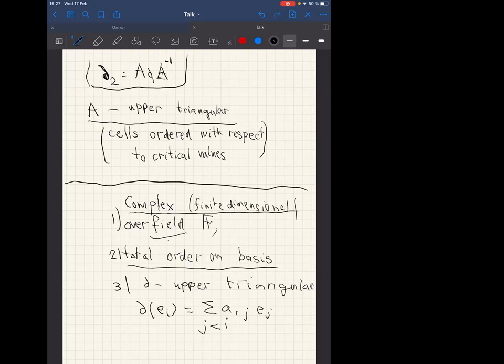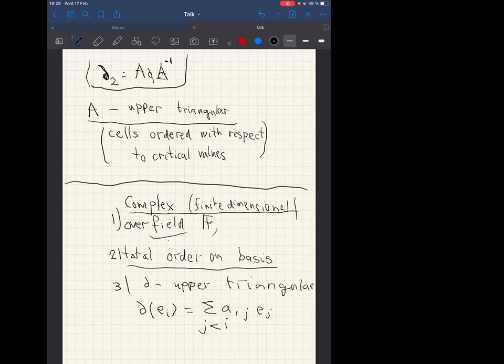So we have the following natural problem. We have a complex of finite dimensional vector spaces over a field F. And we have a total order on the basis. And we have an upper triangular differential, upper triangular with respect to the order.